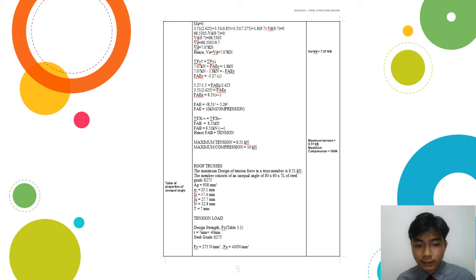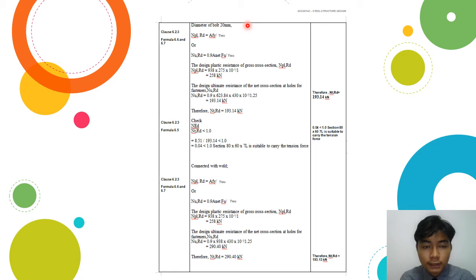So the steel grade is S275. So the Fy is 275 Newton per millimeter square, and Fu is 450 Newton per millimeter square.